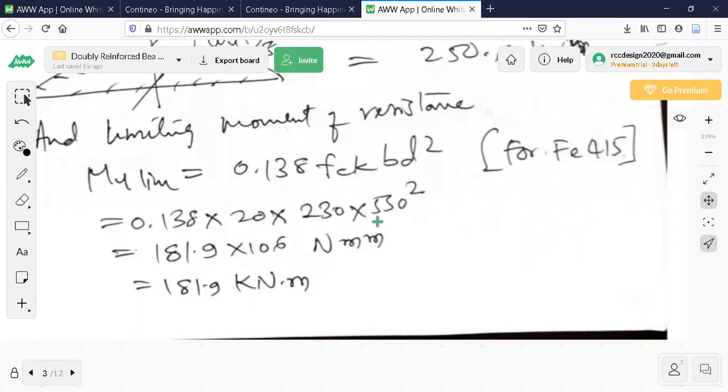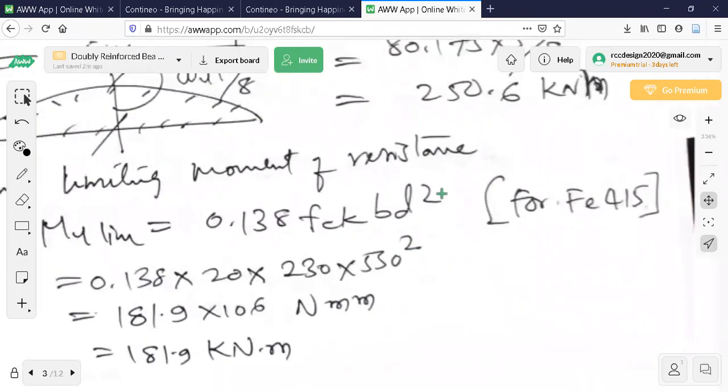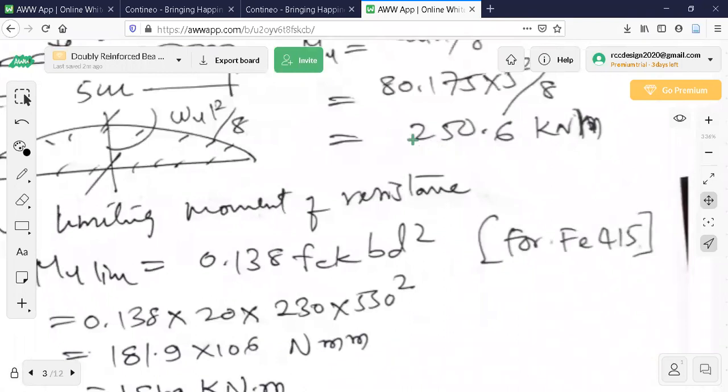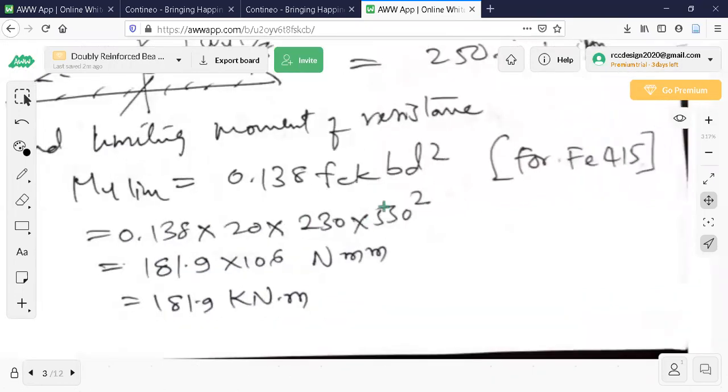A balanced section of these dimensions, 230 by 550, is capable of resisting 181.9 only, whereas the beam is subjected to a bending moment 250.6, which is much higher than what a balanced singly reinforced beam can resist. So this is a case where I have to go for a doubly reinforced section.